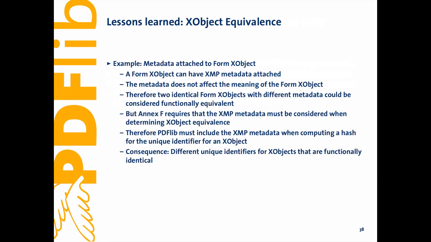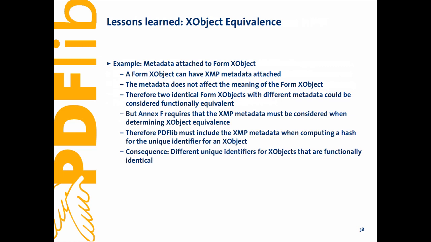And this is a short description of the situation. You can add XMP metadata to almost any kind of object in a PDF file. So you could attach metadata to a Form XObject. And of course, the metadata does not have any effect on the meaning of the Form XObject. So they are functionally equivalent even if they have different XMP attached. But the standard requires that all dictionaries that are referenced from an X object are evaluated for determining equivalence.